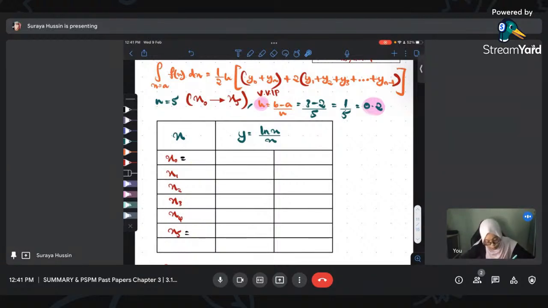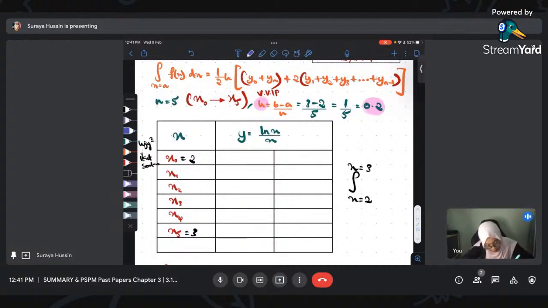Hujung-hujung dia mesti ikut soalan. Ikut soalan ya. Tulis sini, ikut soalan. Hujung-hujung ikut soalan integration x from 2 to 3. Okay, follow it. Don't argue with it.